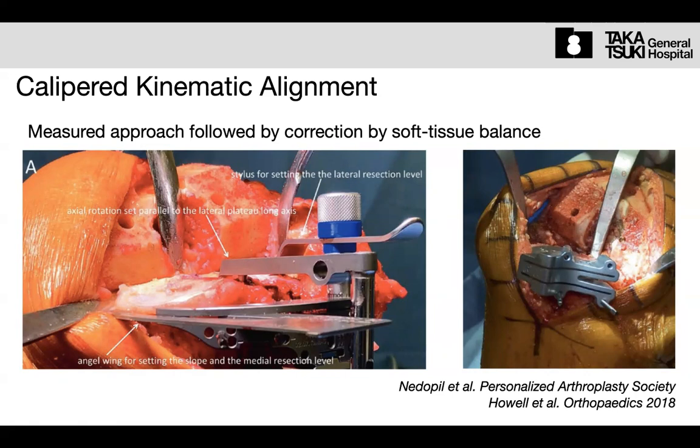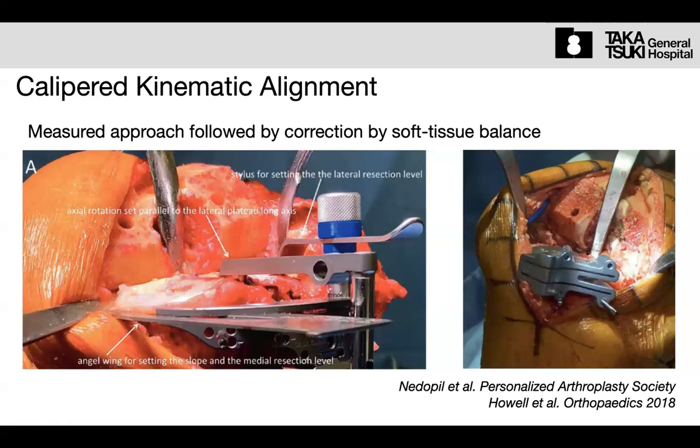That's all. But the problem is that most patients or all patients have cartilage loss or cartilage plus bone loss. So how do we compensate for these defects? That is a problem.